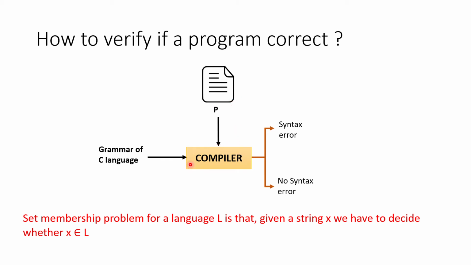So the compiler will check whether its derivation is possible or not. If it's possible, then there is no syntax error. If it is not possible, then there is a syntax error.